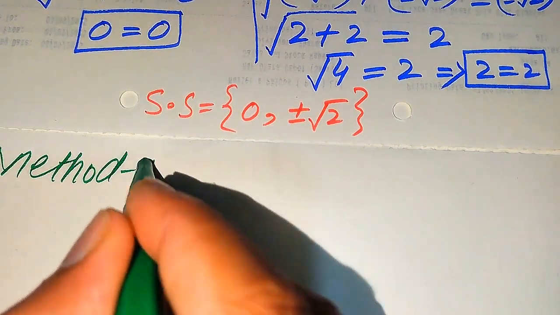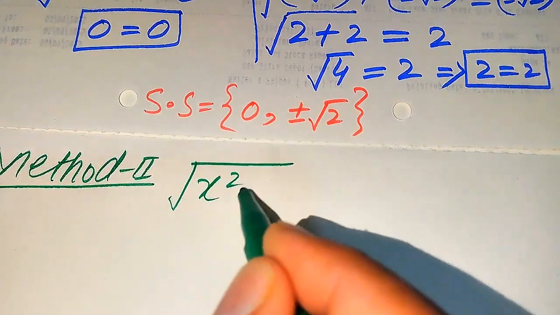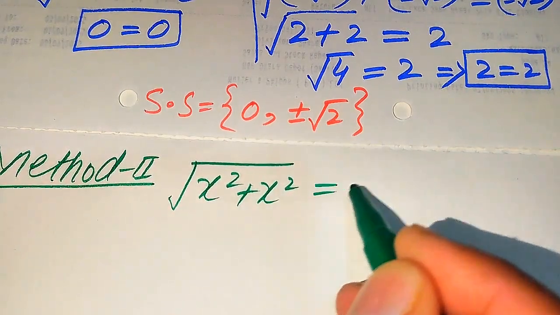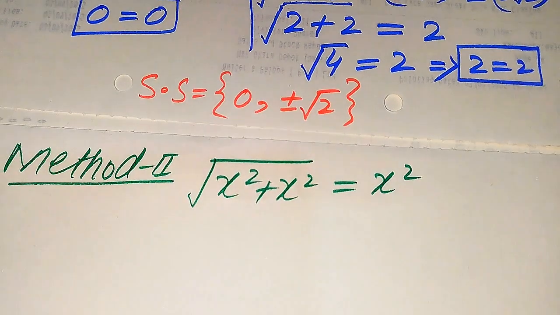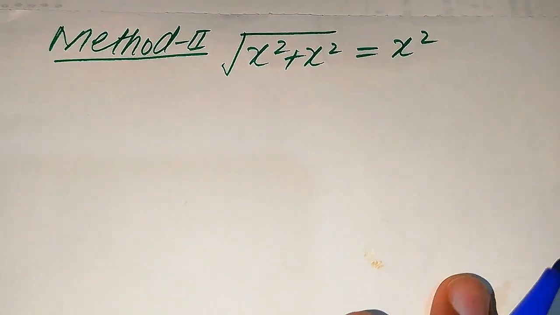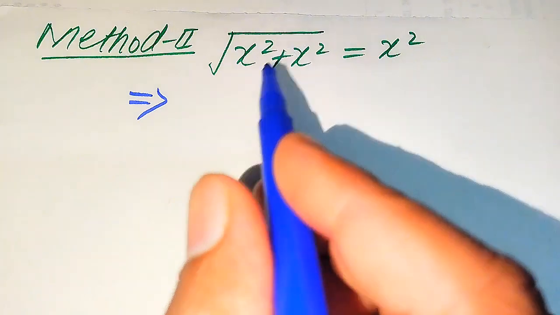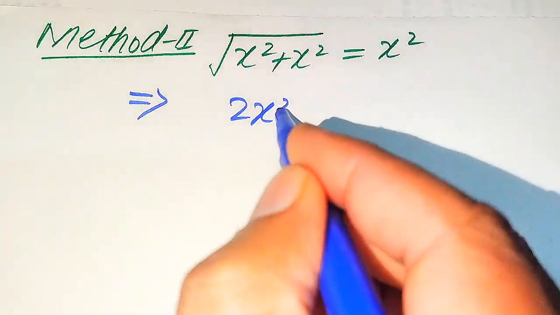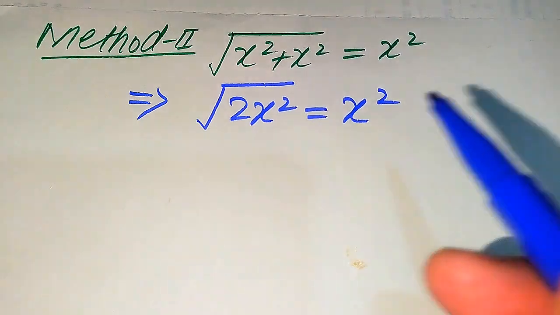In the second method, first we copy down the given equation, and it is the square root of x squared plus x squared equals x squared. In this method I can give you a direct technique by which you can get the roots of this equation. First we focus on the left-hand side, and you see x squared plus x squared becomes 2 times x squared, and its whole square root is equal to x squared.